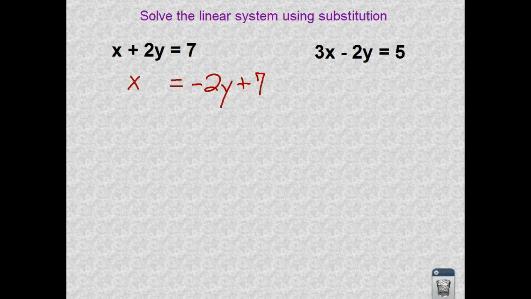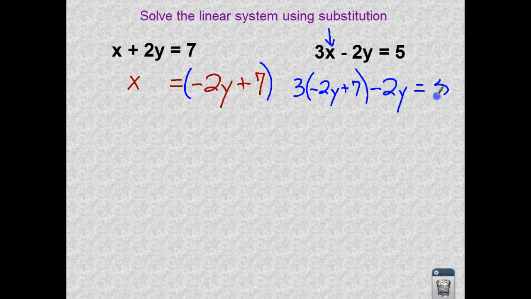Now, thinking of the idea of substitution, we're going to take this value right here, this negative 2y plus 7, and we are going to substitute it into the other equation where we see the x. So that will look like 3 multiplied by the quantity of negative 2y plus 7, and then we have the rest of our equation, negative 2y is equal to 5.